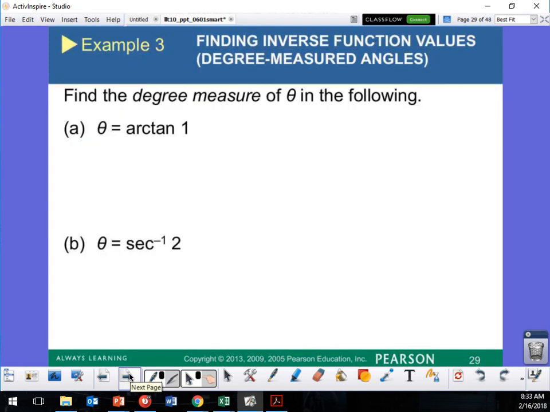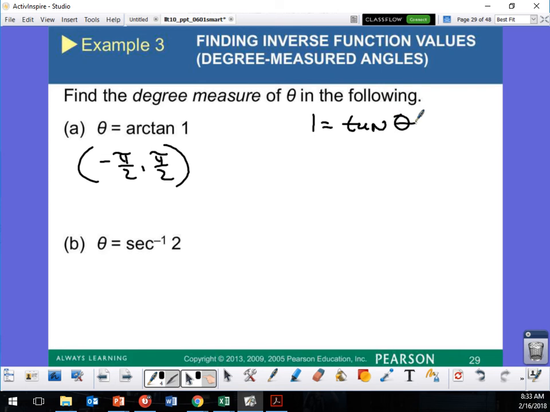So, arctan. The interval went with sine, right? The interval for sine was going to be from -pi over, wait, not bracket, parentheses, -pi over 2 to +pi over 2. If I were to rewrite this, it should be 1 is equal to tan theta.